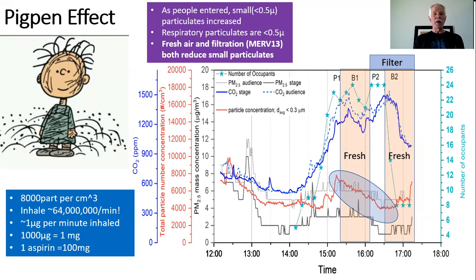Now I have a picture of Pig-Pen. This is often called the Pig-Pen effect. In addition to these small particulates that are coming out of your respiration, we are emitting particulates in any case. Skin flakes and just textiles are getting abraded and rubbed and reduced, and dander and things of that nature.